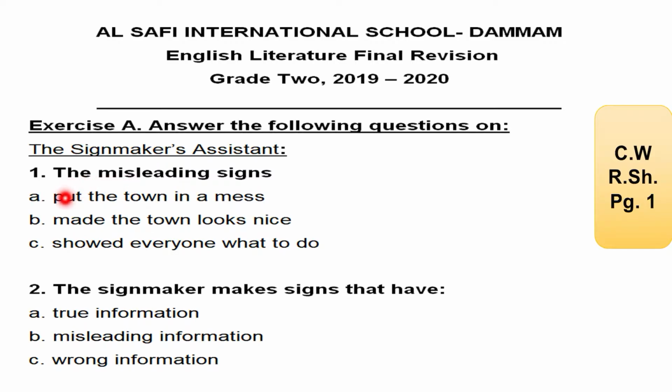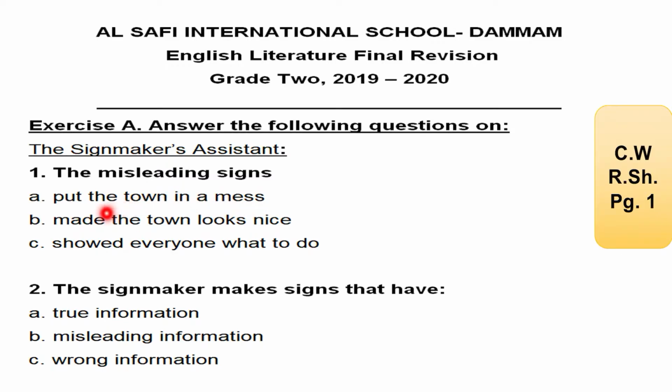So, did these misleading signs put the town in a mess, or make the town look nice, or show everyone what to do in a good way? Who can tell me?